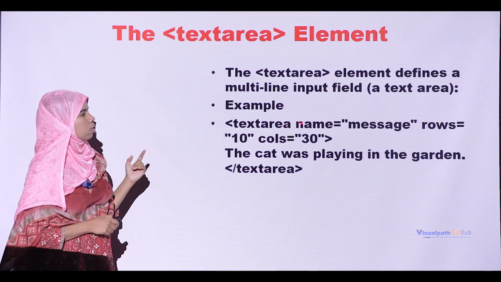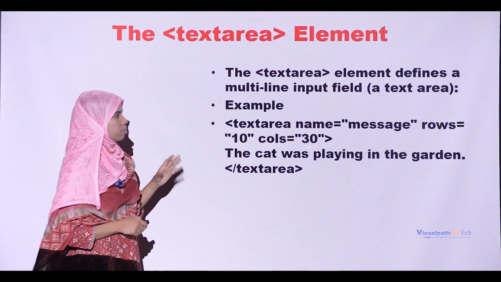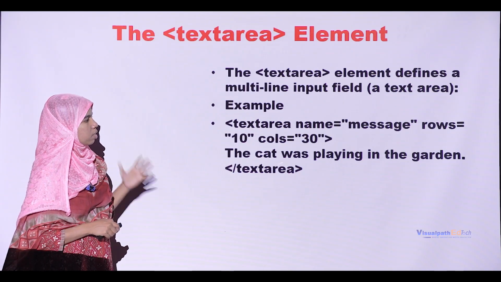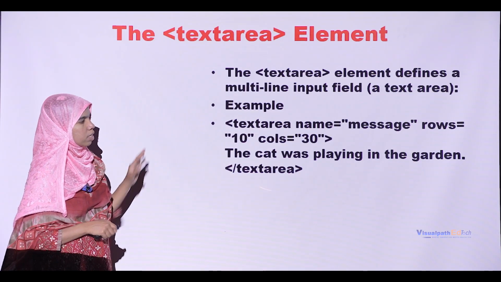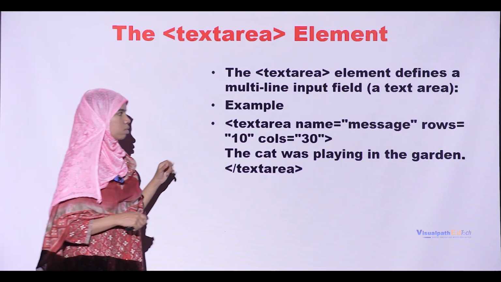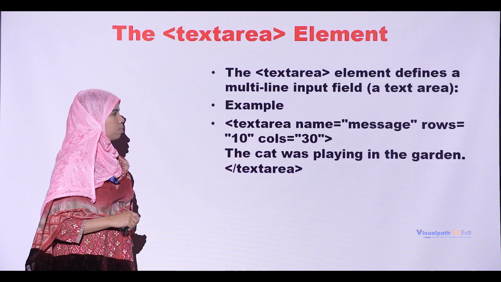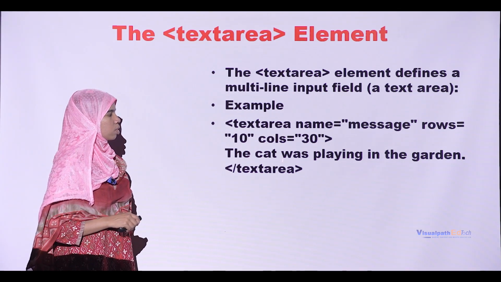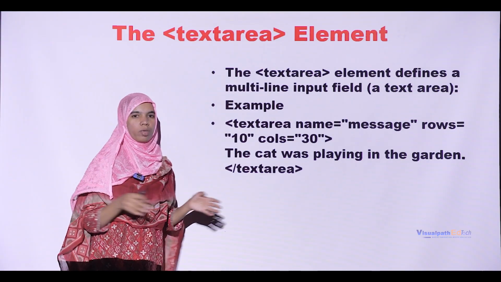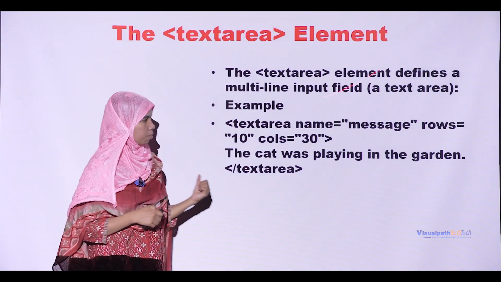For example, you want to write some content like a paragraph, like here it is written, the cat was playing in the garden, and so on, detailing about the cat and the garden. So you will be using many rows and columns for the content. So much spacing will be provided for that.